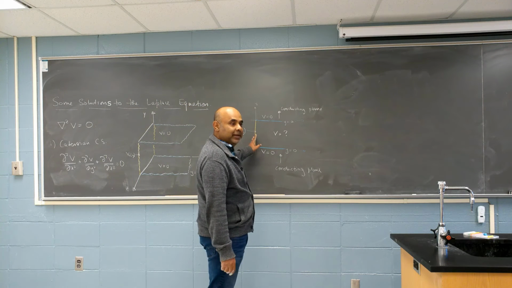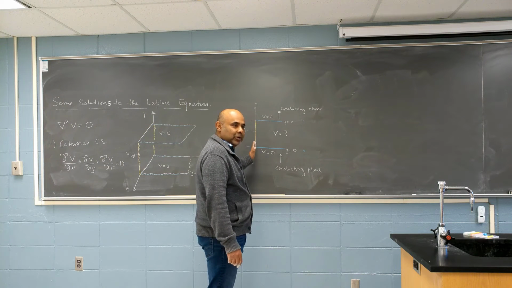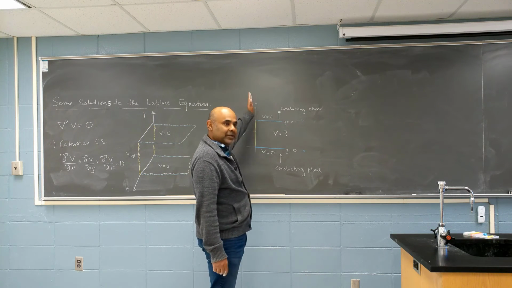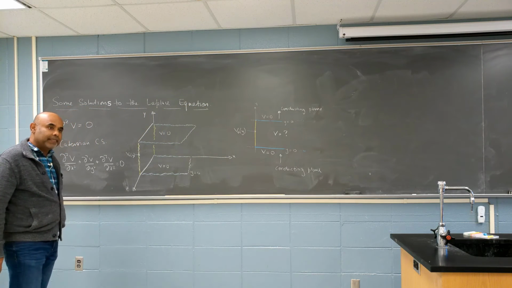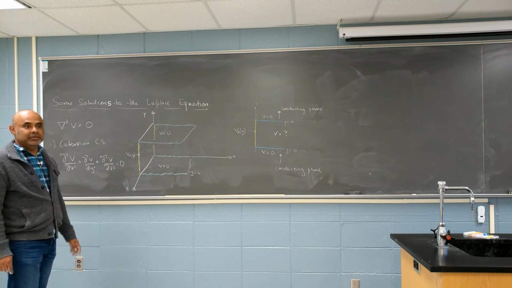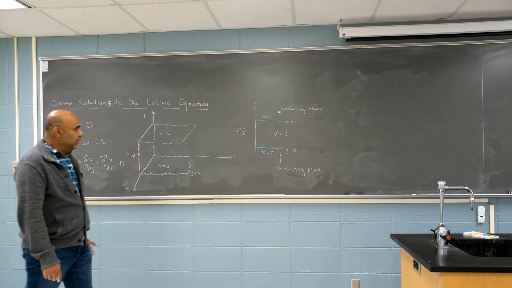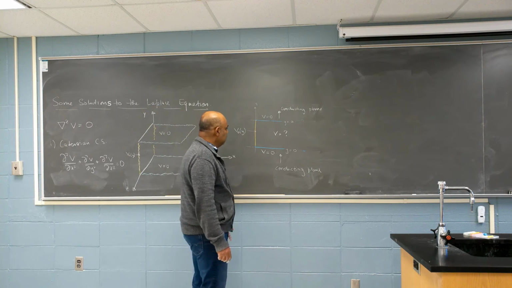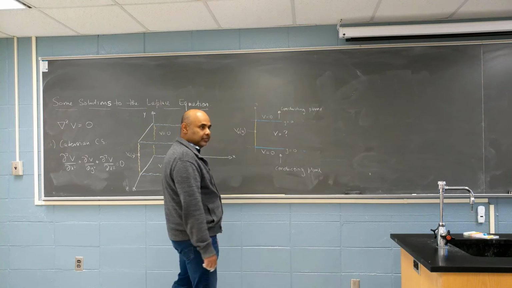Here you're putting some insulating material with charges to create this sort of a potential. So as a result you have an inside potential. Okay, got it. It does something in between.